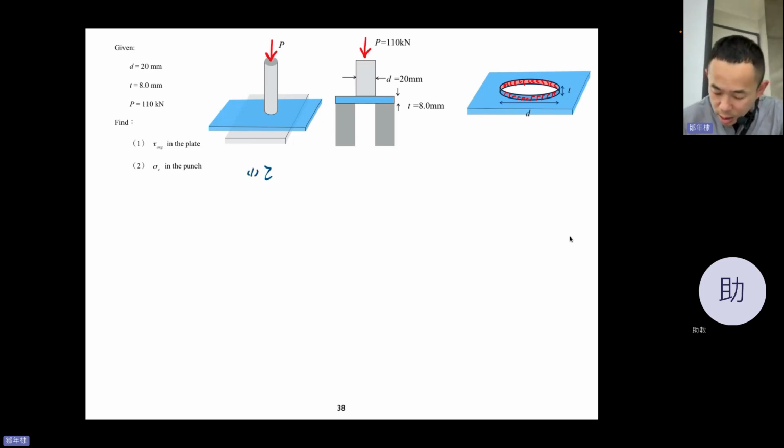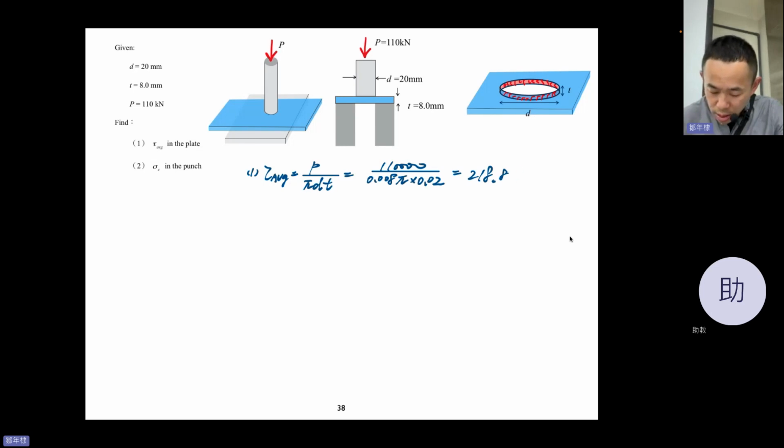Tau average equals P divided by pi d t, equals 11000 divided by 0.008 pi times 0.02. Okay, that's it. And the second problem is sigma c in the punch.